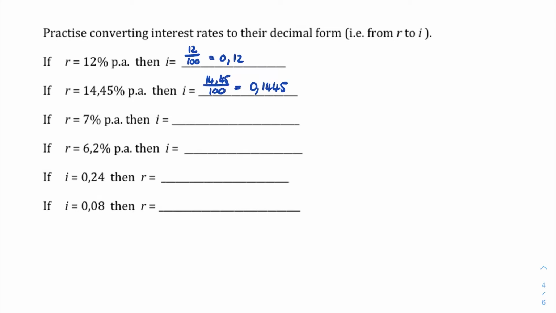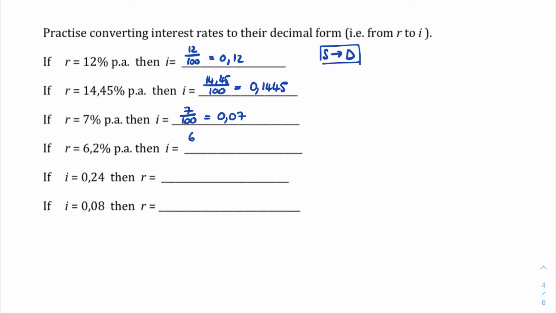Check that on your calculator. You can use your S to D button on your calculator to check from the fraction to the decimal. Okay, if we had a rate of 7%, that's 7 over 100, which as a decimal would be 0.07.